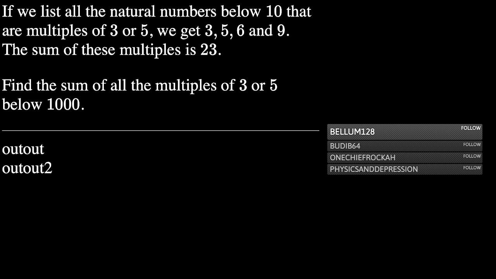Basically, you find all the multiples of 3, 1,000 and below, and you find all the multiples of 5, 1,000 and below, and you add them together and you subtract the multiples of 15, 1,000 and below. And that's basically what you do. It's pretty cool.